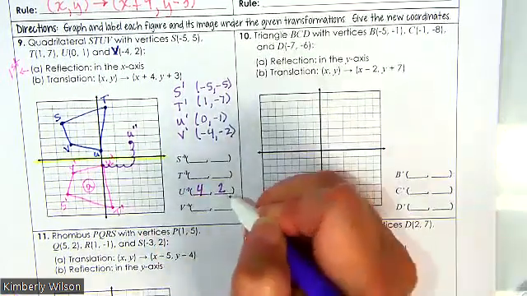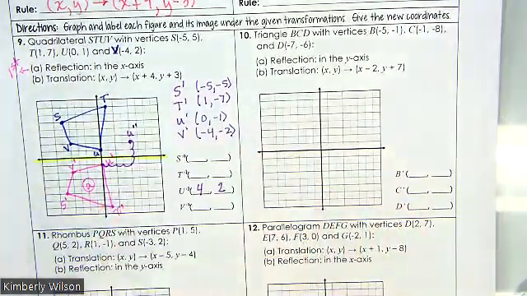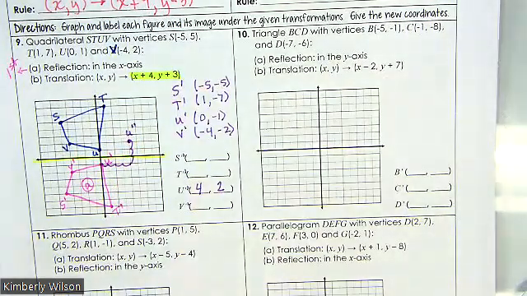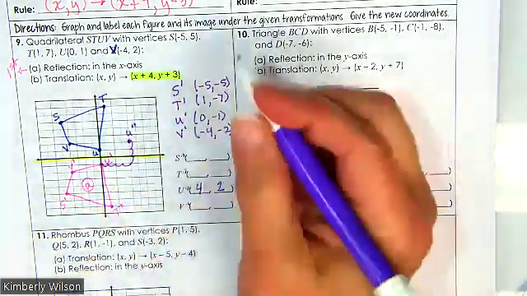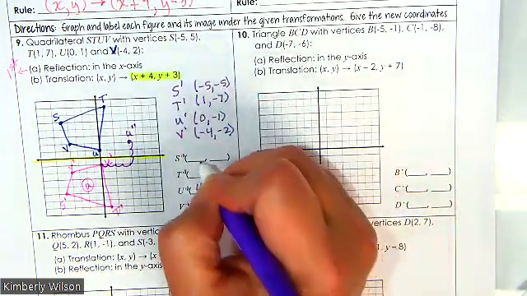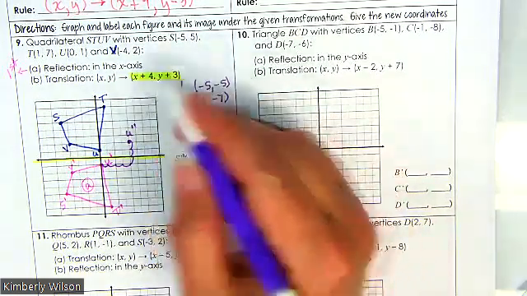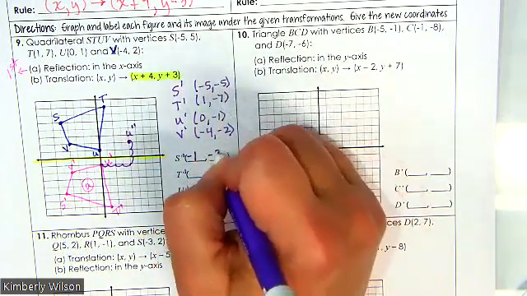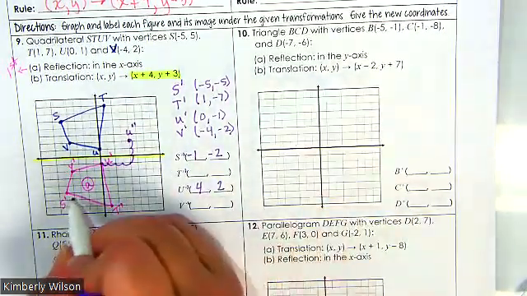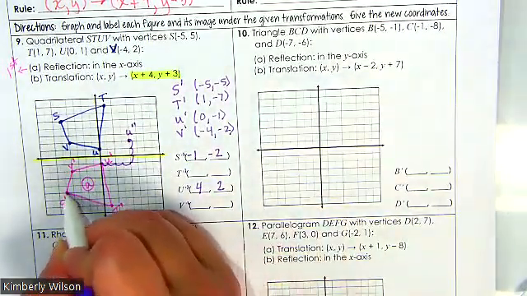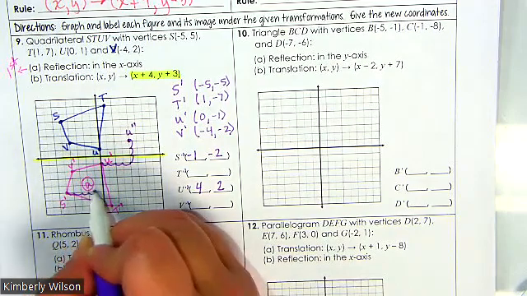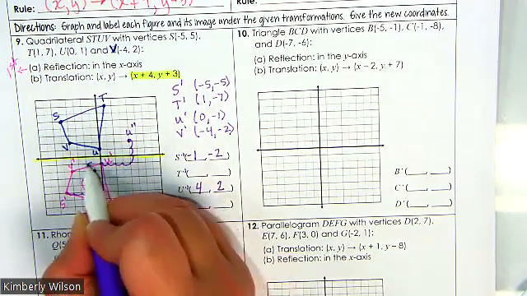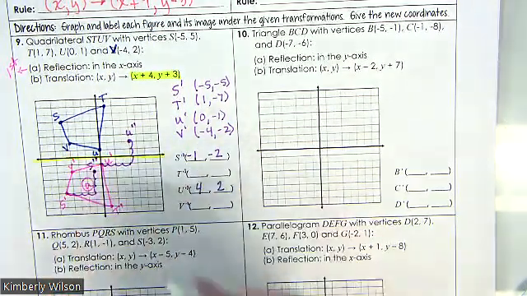So now if I want to just use my rule for the algebra to find the points, I can, but you still have to draw it. So for S, it's going to be -5 plus 4, which is -1. -5 plus 3 is -2. So S is going to be 1, 2, 3, 4, 1, 2, 3, which is at -1, -2. So this is the S double prime.